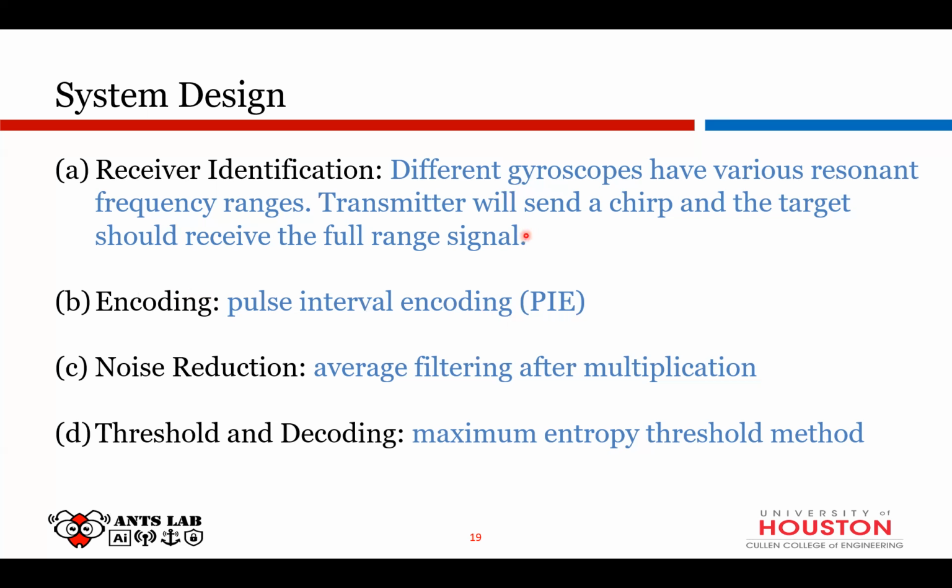For bit 1, the interval will be narrower, but for 0, the interval will be longer. So it is used for the encoding. For the noise reduction, they're using some average filtering after multiplication. The noise basically has higher frequency components, which can be filtered out after the multiplication.